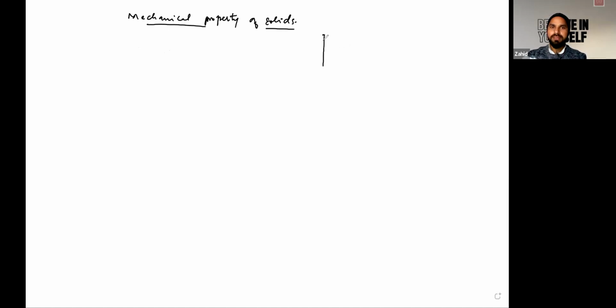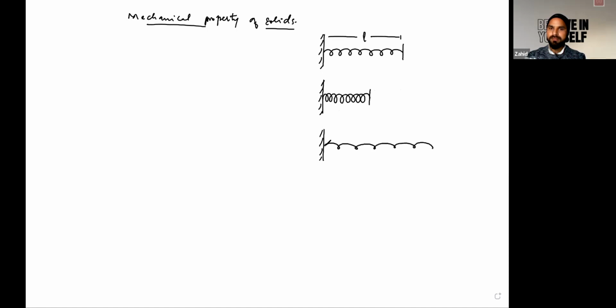Suppose there is a support and a spring is connected with it, having length L. So if you apply a deforming force on it to compress it or to elongate it, it may acquire this shape and this shape according to the application of deforming force.